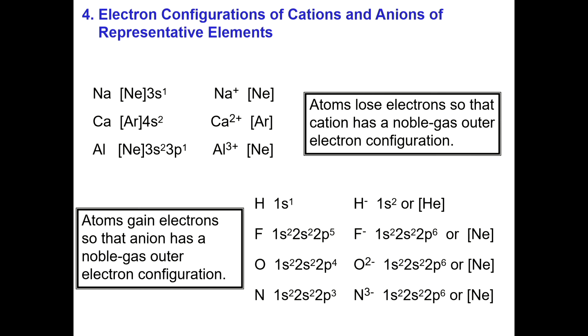But for nonmetals, they tend to get electrons to form ions. And for noble gases, basically they have full orbital electron configuration, so they are stable. They don't want to get or lose electrons.